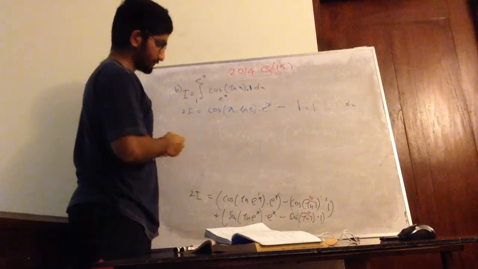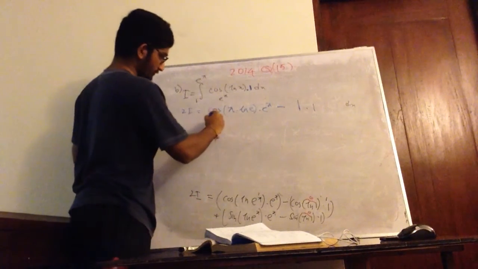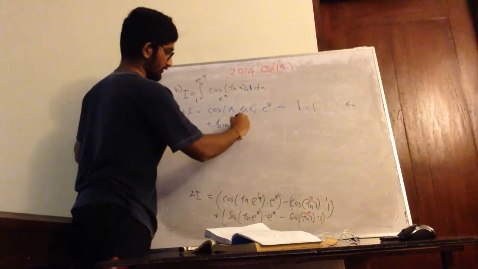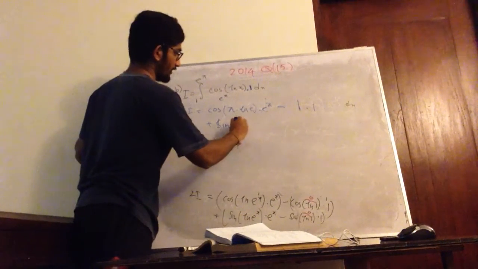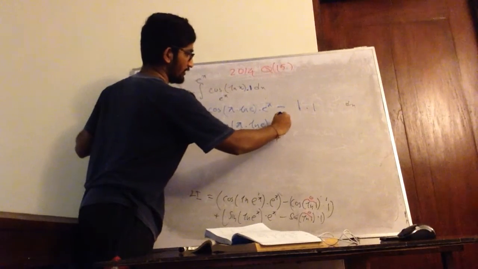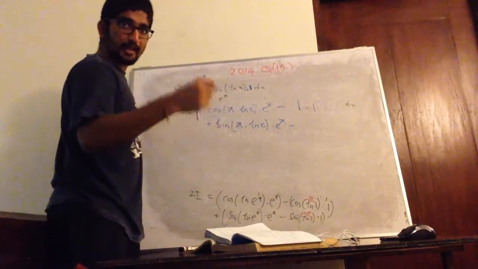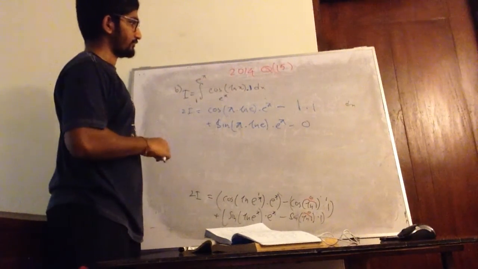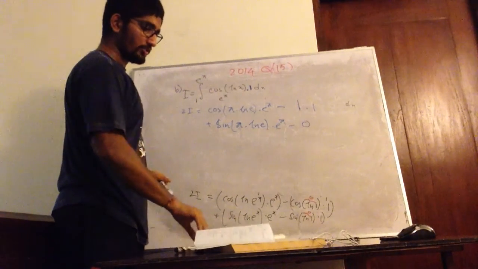Then here same plus sine, you can take π out, so π ln e minus sin 0, and sin 0 is 0.